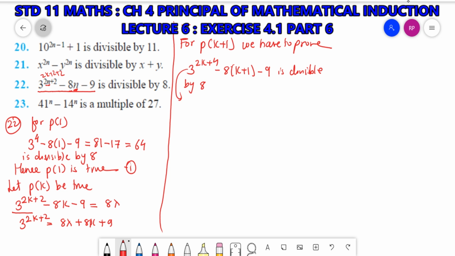Okay, so let's start with this. 3 raised to 2k plus 4 minus 8 into (k plus 1) minus 9.